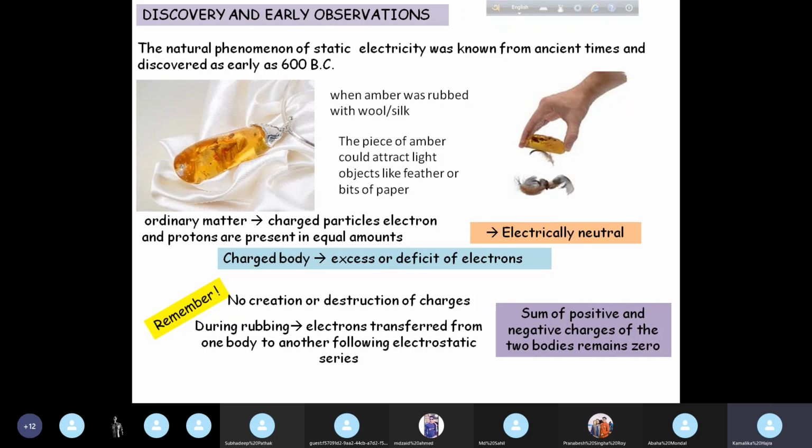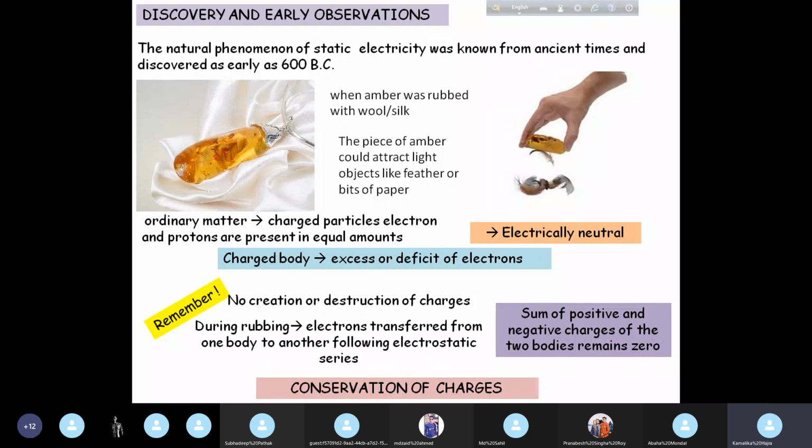So charges have been transferred, but as a whole, the two bodies as a pair will remain neutral. So there is no creation or destruction of charges. In other words, this denotes the fact that electric charges are conserved. So conservation of charges is a very important thing that we must keep in mind.